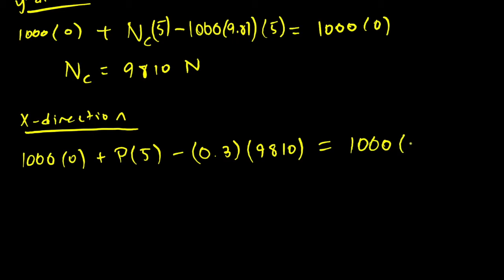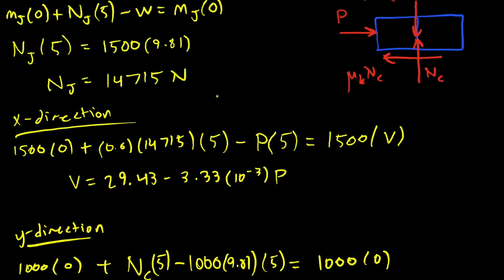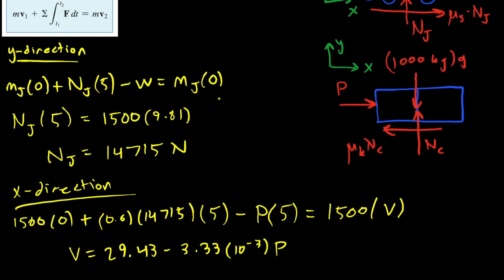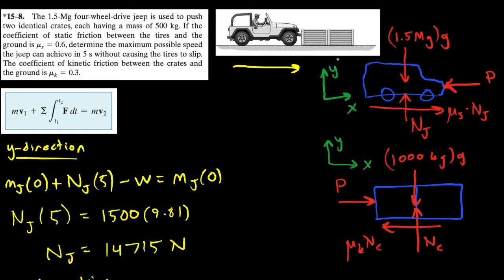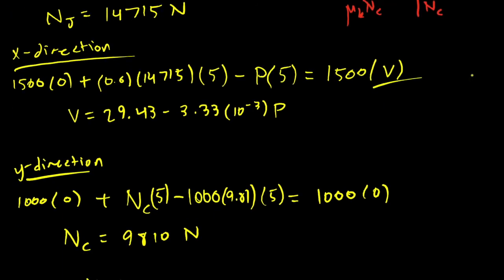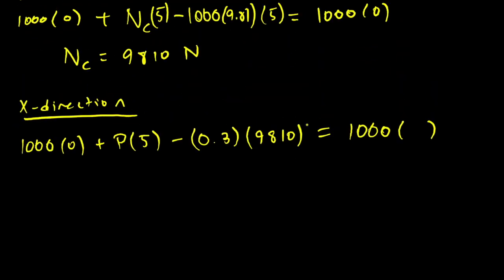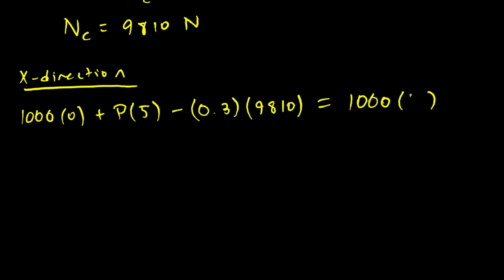It is important to note that this final velocity value matters because the problem states that these two move together, because the Jeep is pushing the crates. So if the Jeep has a final velocity of v, the crates are also going to have a final velocity of v.